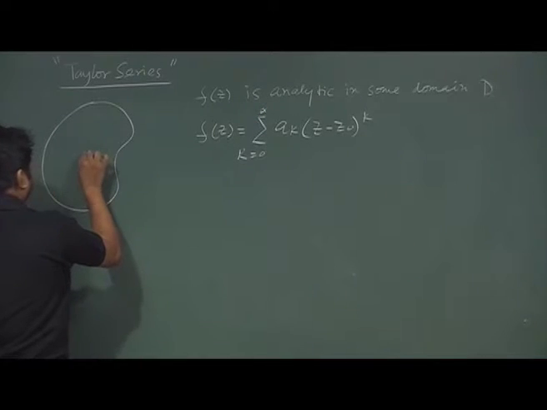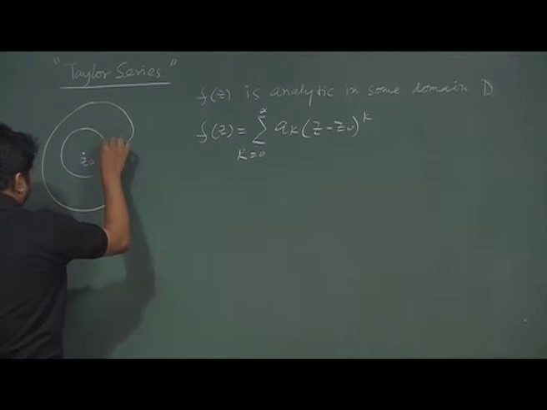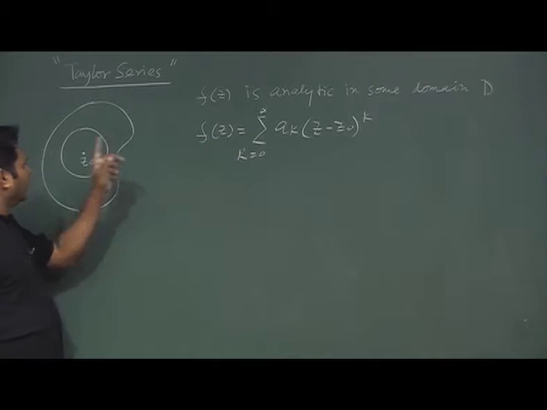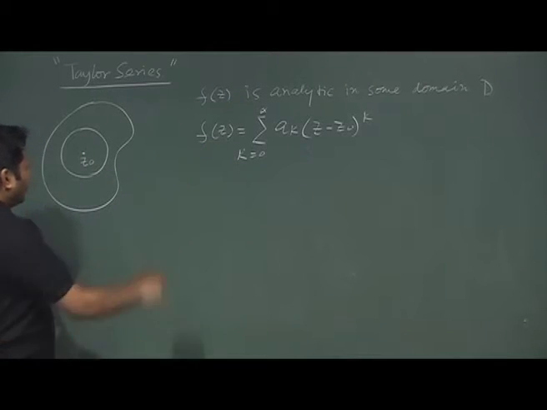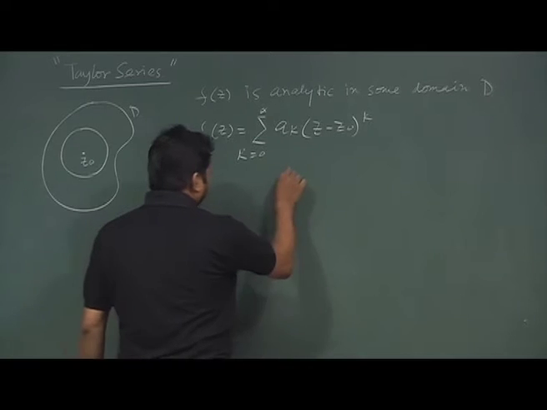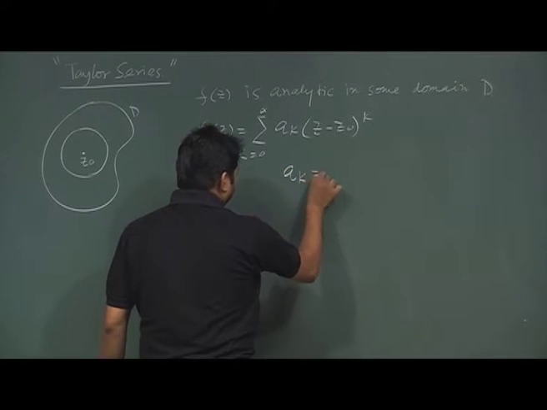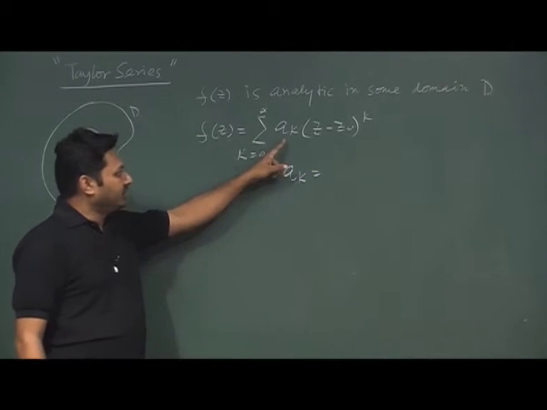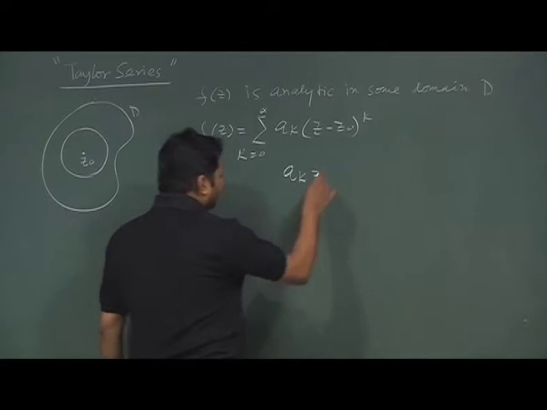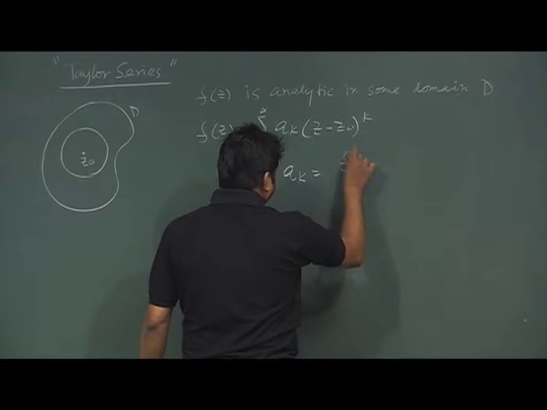So, we have some point z0 here, and around this point I can expand this function. f(z) is analytic in the domain D, I have a point z0, and I can expand around that point, where a_k is a coefficient which is a characteristic coefficient. So, this characteristic coefficient will be this.